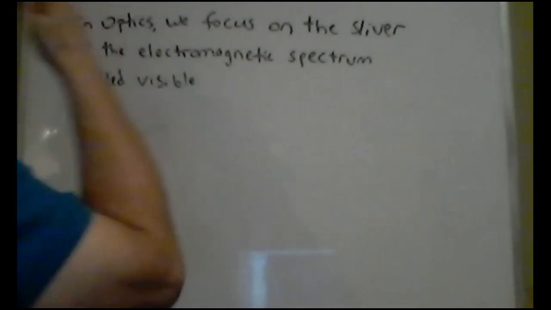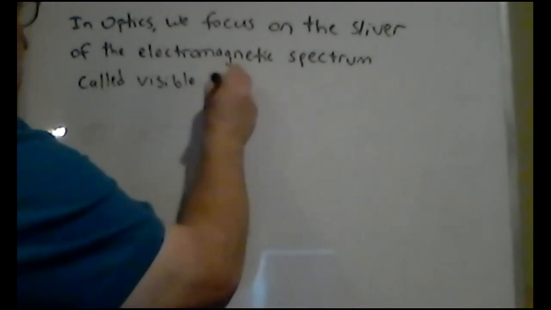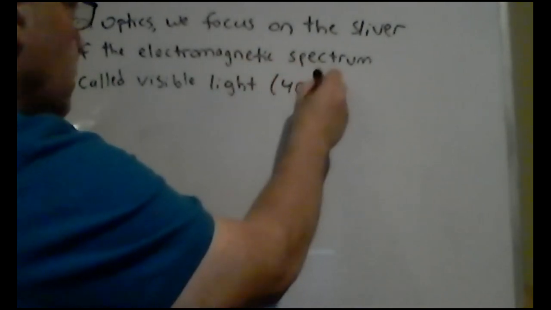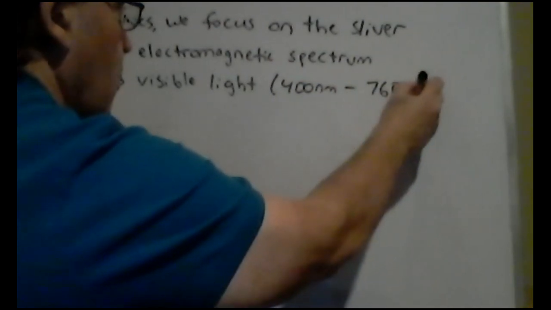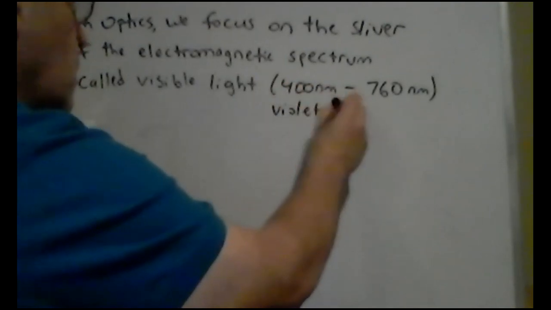And that's where we humans primarily live, in our daily operation of our eyes. That's from around 400 nanometers to about 760 nanometers, violet to red.